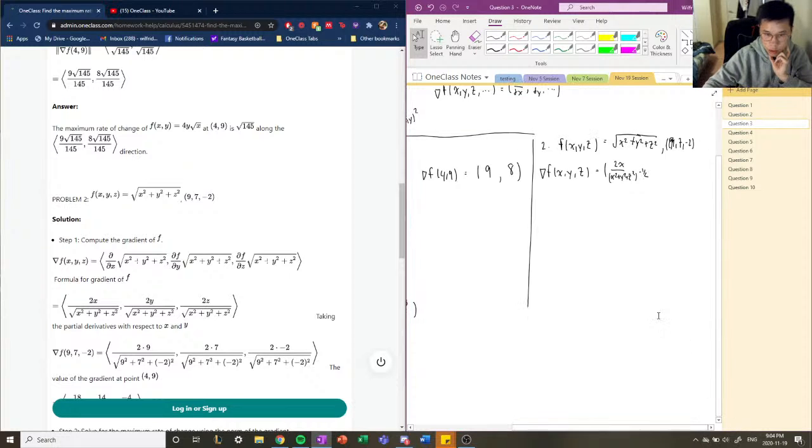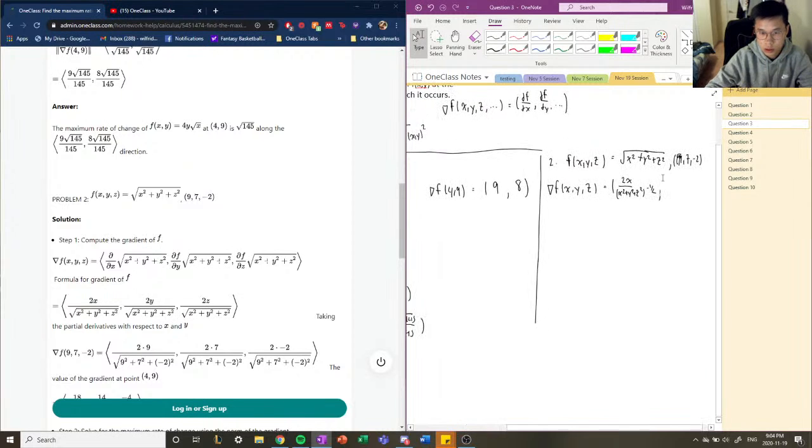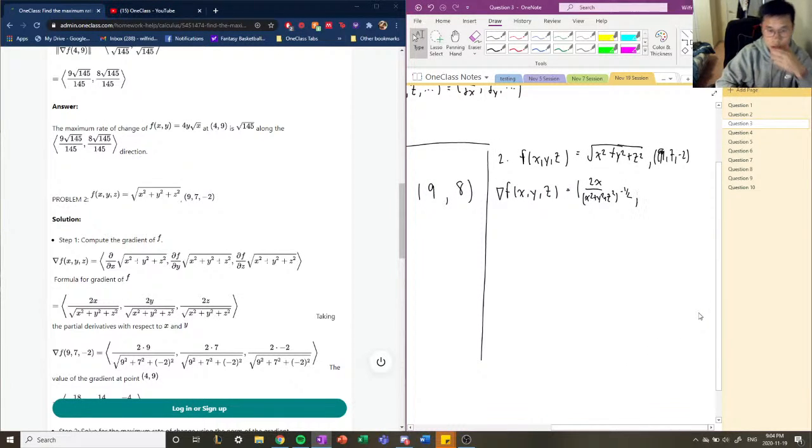Our partial derivative with respect to y would be 2y. So this is chain rule, right? So we're going to do the outside function, which is just half. Oh wait, this should be an x actually. Hold on, sorry. I'll just do it for you guys here. So we're doing a chain rule, right?